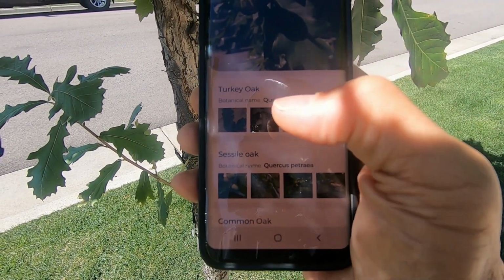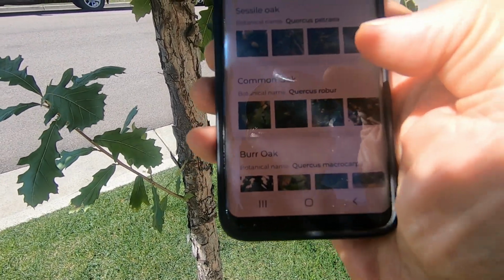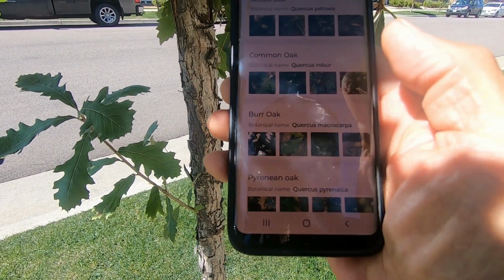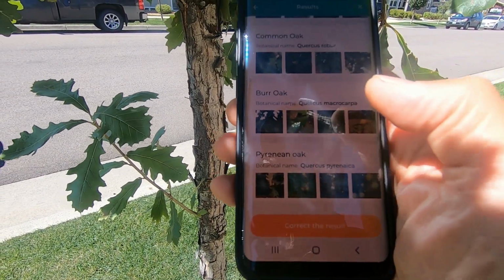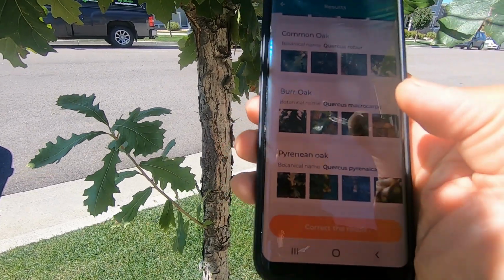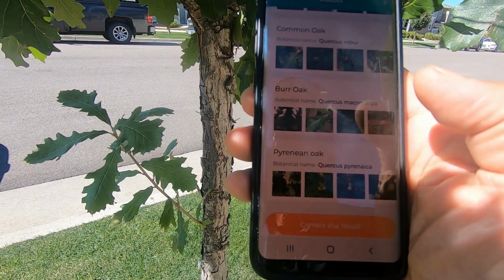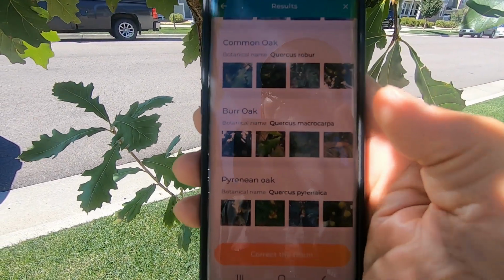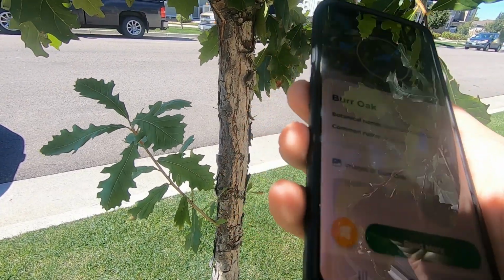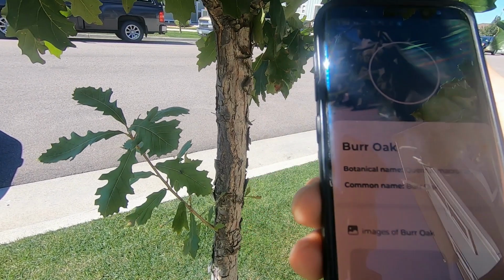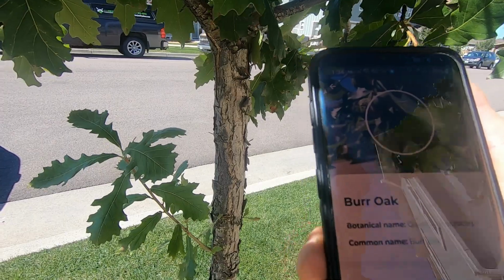The first one is called turkey oak, sessile oak, common oak, bar oak, Pyrenean oak. But I think this is a very common oak planted by the landscaper, and I would tend to think it's a bar oak. Oak has lots of different species. They're very, very similar. I think it's very difficult to identify.